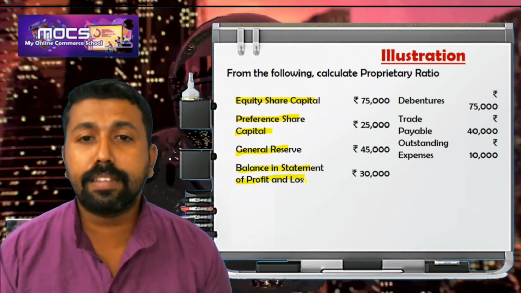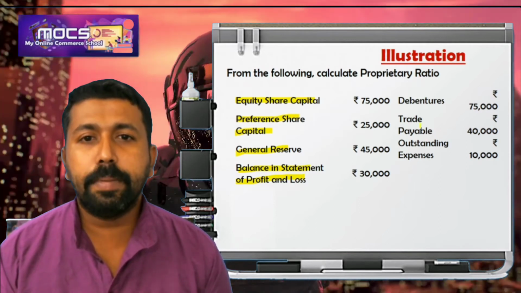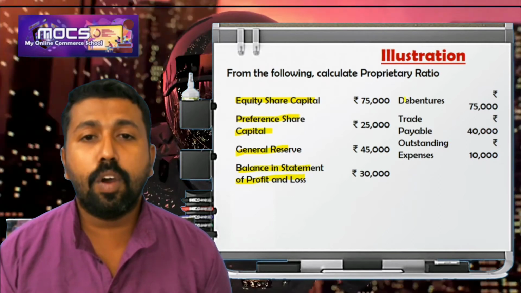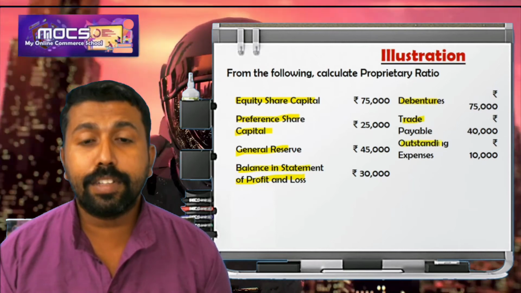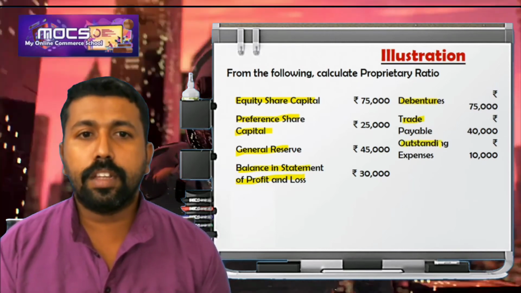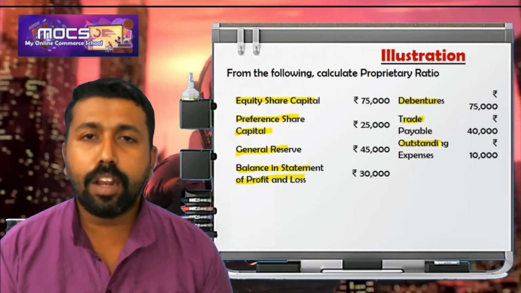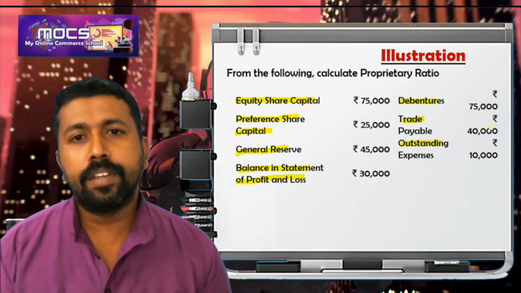We have to add all these values. And the debenture, trade payable, outstanding expense. Debenture is a long-term debt. Trade payable and outstanding expense are short-term debt. The total of all these items is the total of net asset or capital employed.